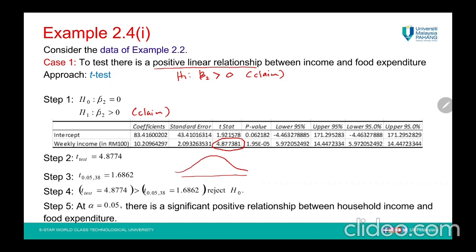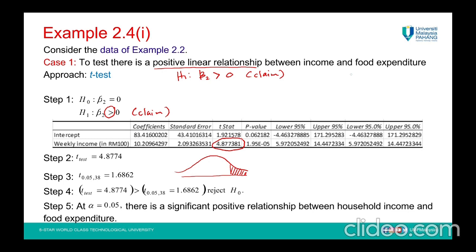The second factor is the inequality used in H1. It is greater than, which means that the rejection region lies on the right tail of the t distribution. This is a right tail test, so there is no need to divide alpha by 2.